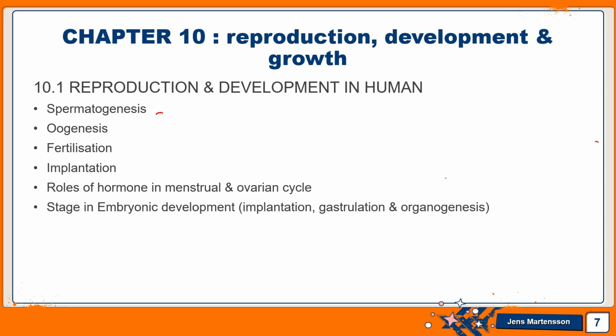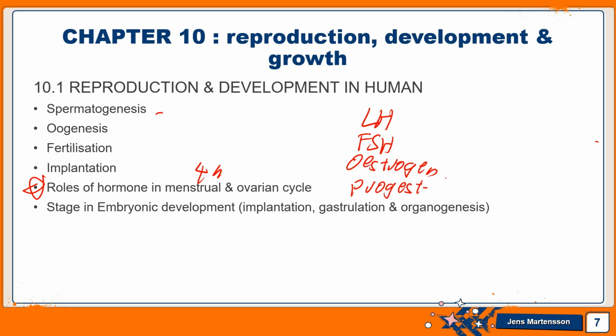Before I proceed, there is another topic about the role of hormones in the menstrual cycle and ovarian cycle. You already learned the menstrual cycle and ovarian cycle in SPM, it is the same. You have 4 hormones, right? LH, FSH, estrogen, and progesterone. You have to learn that also.